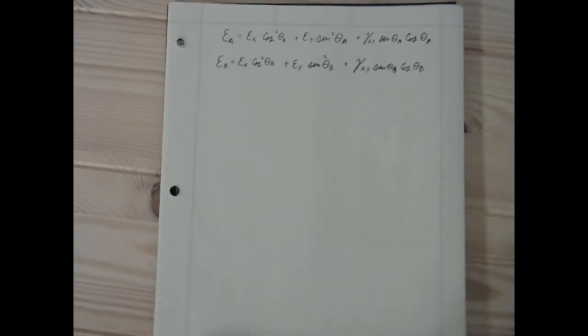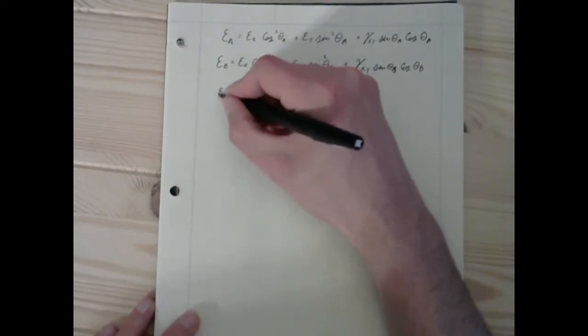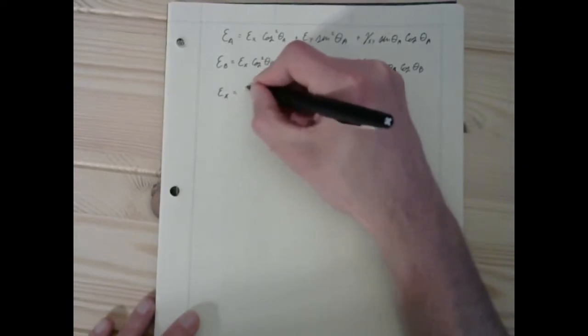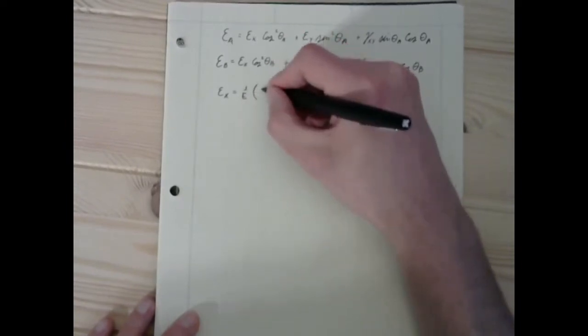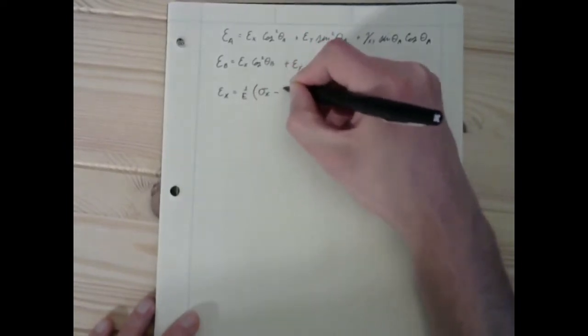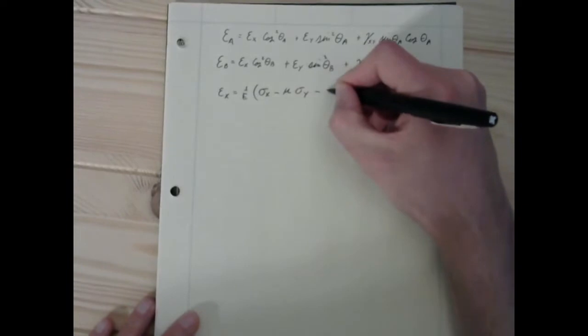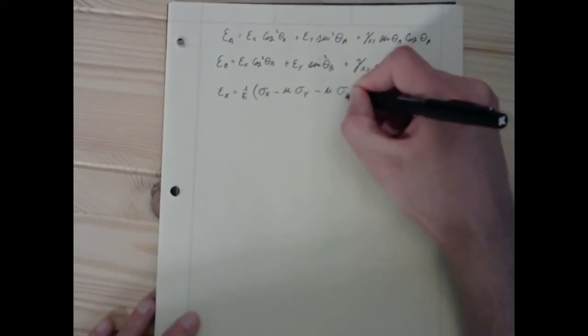And of course, we're going to want to end up with the stresses from them. And so we're going to want to use that the strain in the x direction is equal to 1 over the Young's modulus times the normal stress in the x direction minus a Poisson's ratio times the normal stress in the y direction minus Poisson's ratio, which we're calling mu in this lab, don't ask me why, times the normal stress in the z direction.